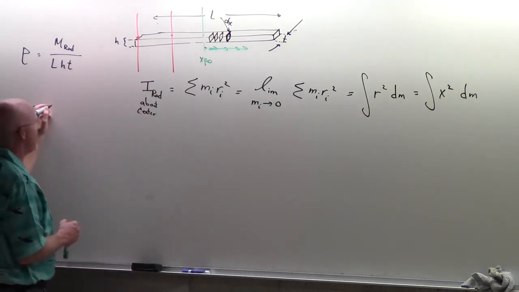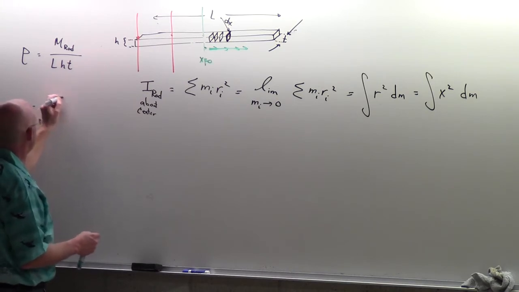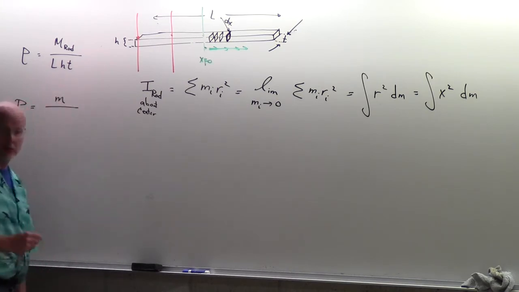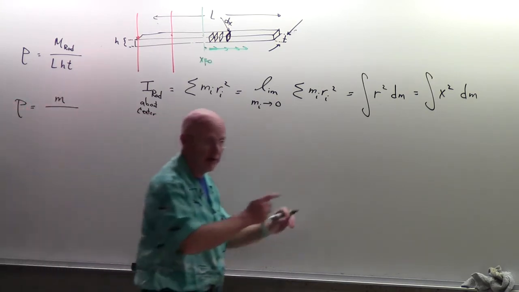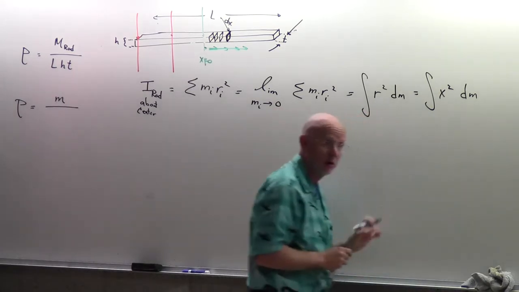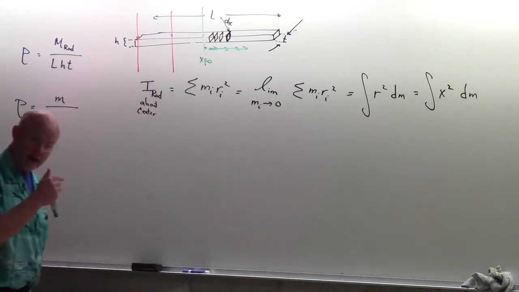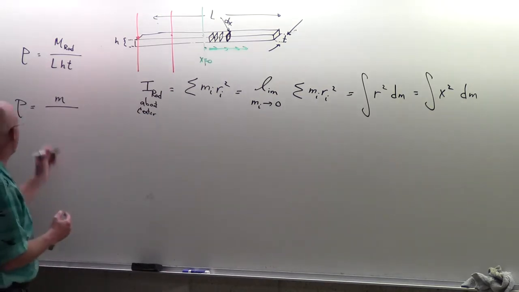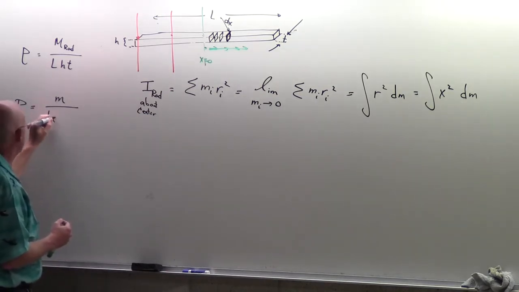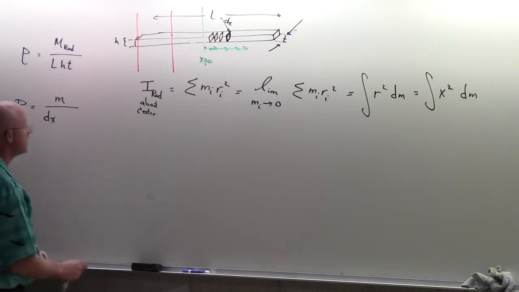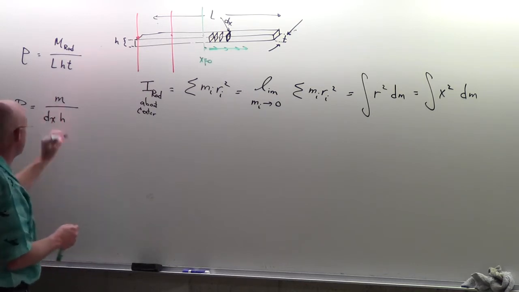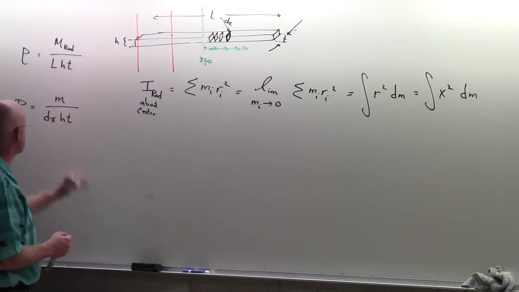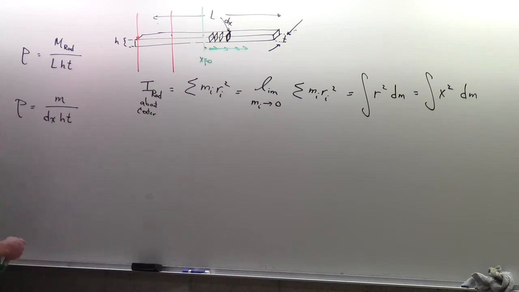So I can write this as the little m to match this little m, right? The mass of the little chunk. And then I would divide it by the volume of that little chunk. And that volume of a little chunk would be its length, dx, its height, L, its thickness, T.